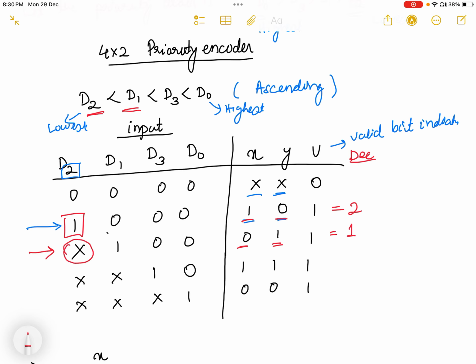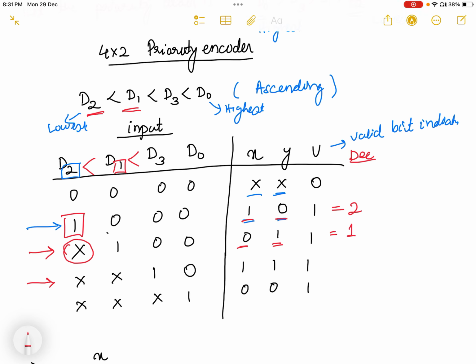If D1 equal to 1 and D1 has greater priority than D2, at the output I will see the input having the highest priority, that means 1, because 1 is the subscript. If I go to the next row, you can see here D3 is 1, and D1 and D2 can be anything.